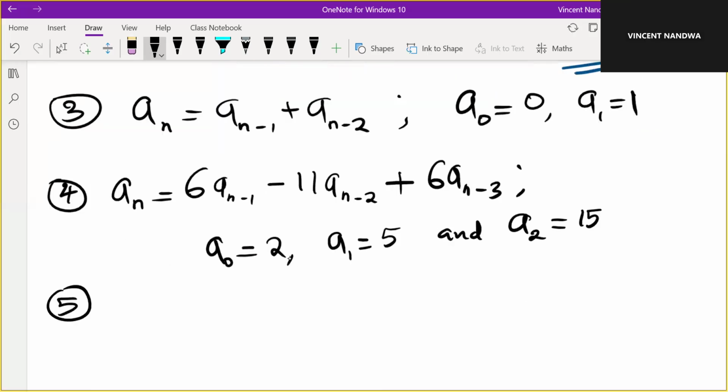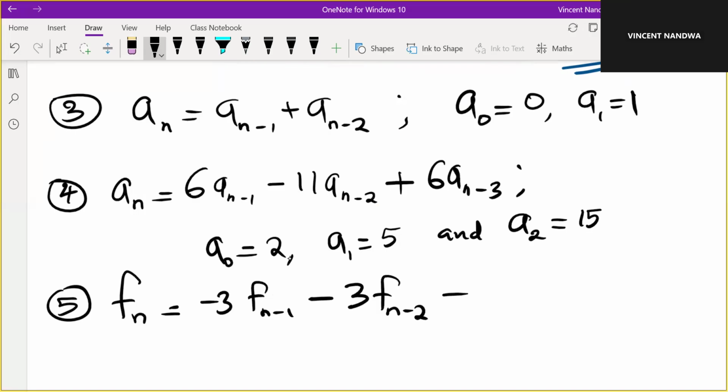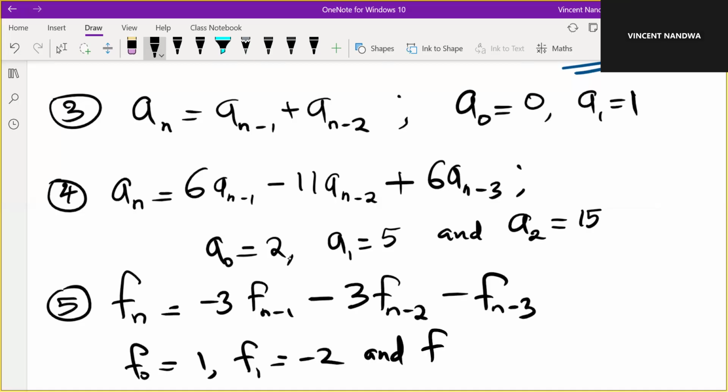Then number 5, fn is given by minus 3 fn minus 1 minus 3 fn minus 2 minus fn minus 3. Then f0 is 1, f1 is minus 2, and f2 is given by minus 1. So work on those problems and do as many other examples as you can.